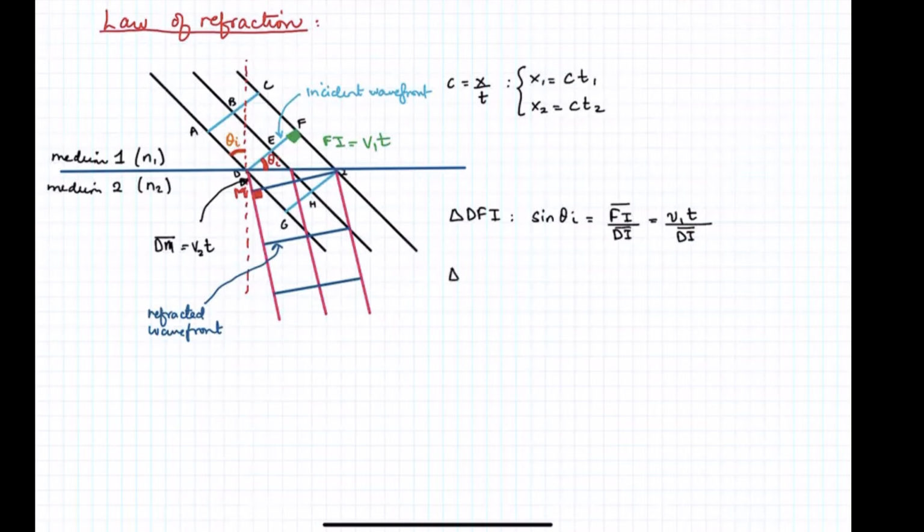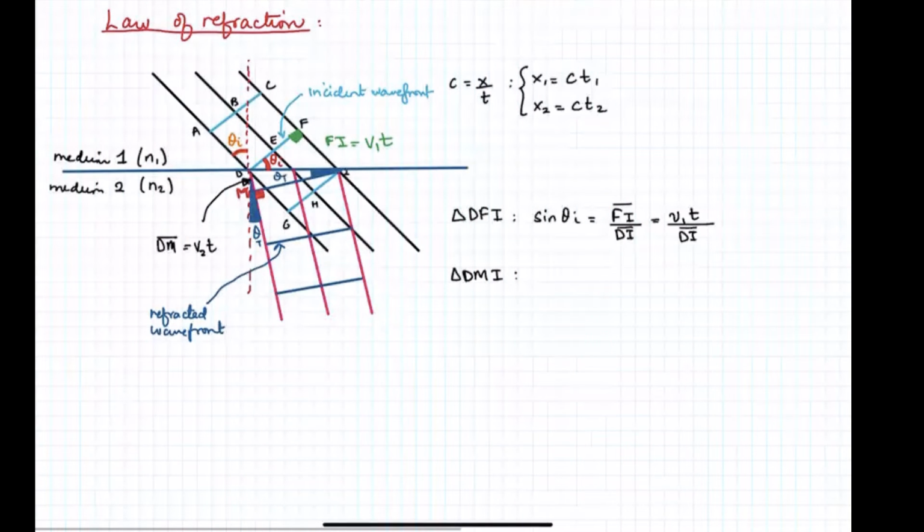Similarly, in triangle DMI, geometry says if this is my transmitted angle, then this should also be my transmitted angle, theta t.